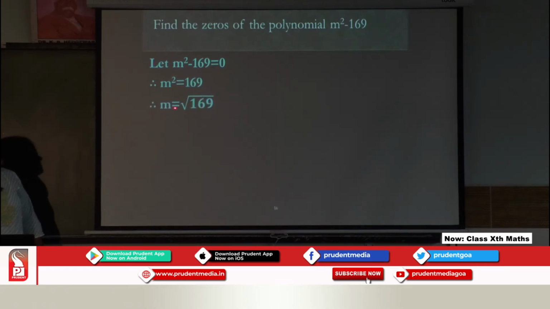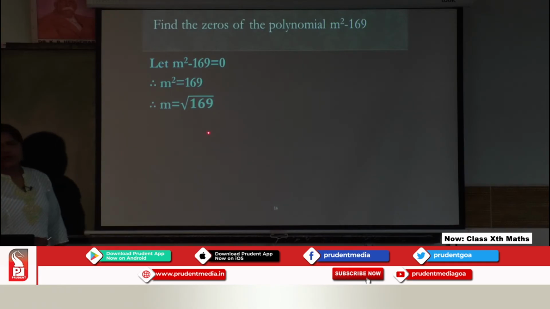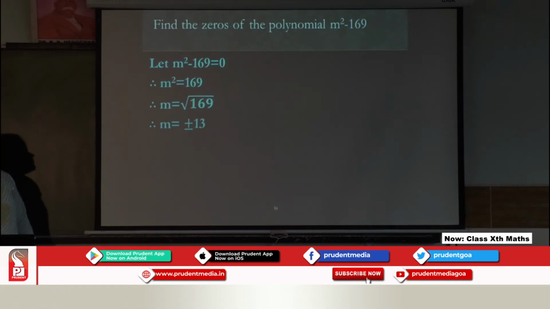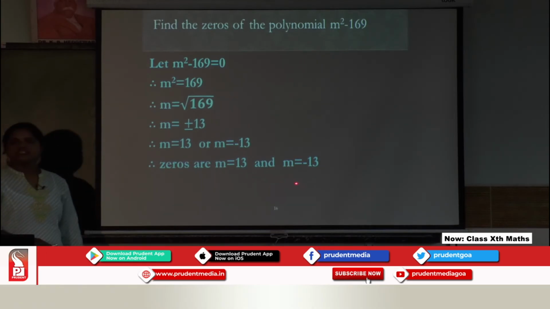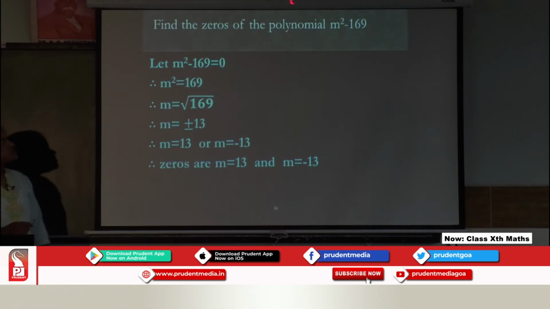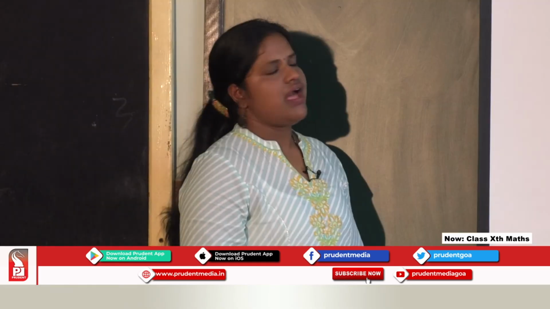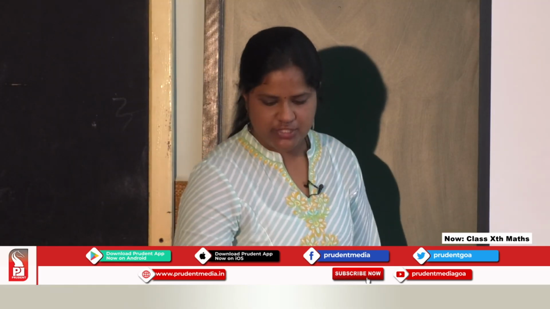So I have m is equal to square root of 169. The square will change to square root. Therefore, I have two answers: plus or minus square root of 169, which is 13. So m is equal to 13 or m is equal to minus 13. Therefore, the zeros are m equal to 13 and m equal to minus 13. So this was a perfect square and the previous one was not a perfect square.